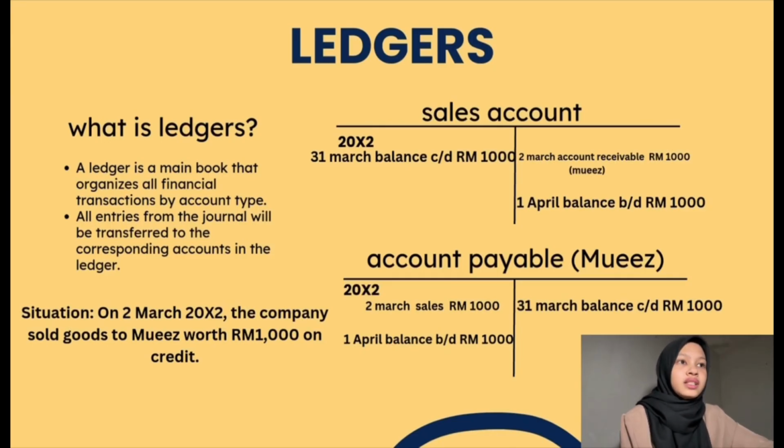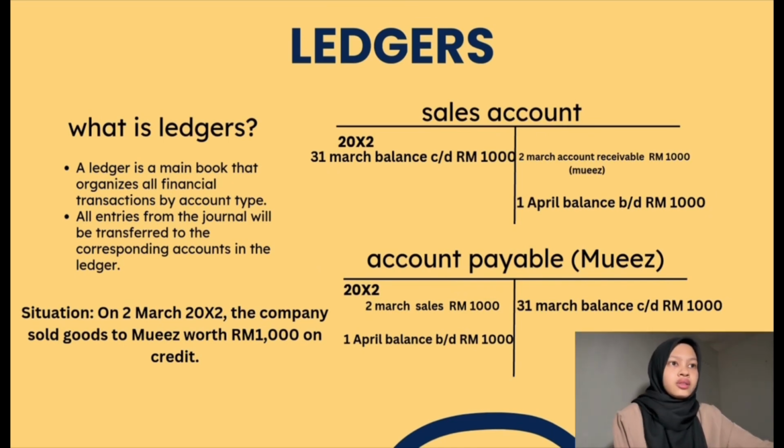What is a ledger? A ledger is the main book that organizes all financial transactions by account type. All entries from the journal will be transferred to the corresponding account in the ledger. For example, on March 20x2, the company bought goods worth 1,000 ringgit Malaysia on credit. So we have to open the accounts.